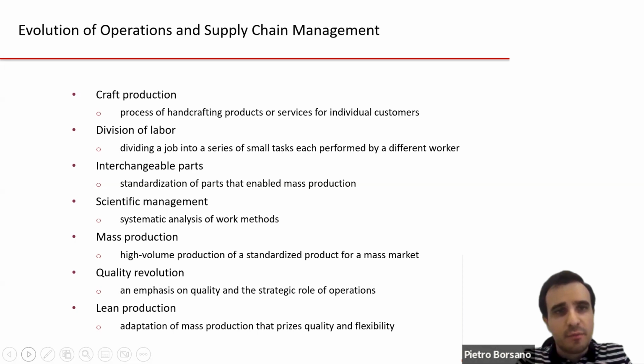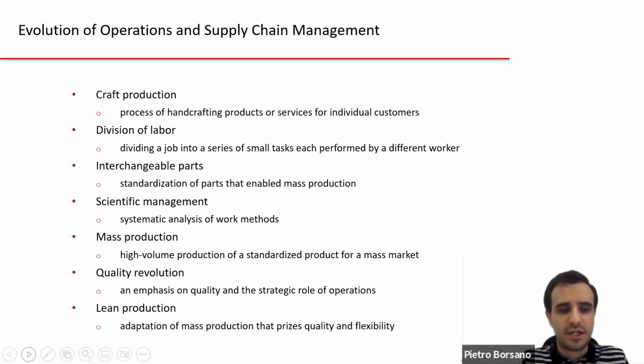This also represented a shift from the US in the first half of the 20th century, when it was the manufacturing base of the world, and then there was a progressive shift towards other countries, as we're going to see in a moment. The Japanese approach to operation supply chain management also invented lean production.